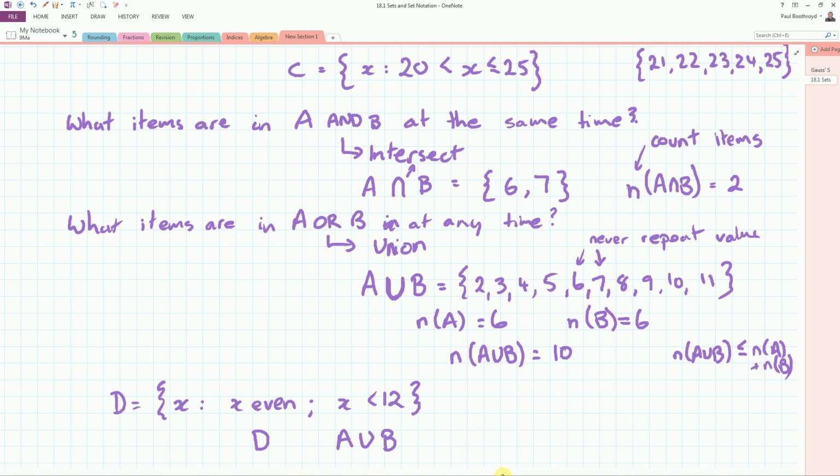A union B is the numbers 2, 3, 4, 5, 6, 7, 8, 9, 10, 11. Now, is the size of D bigger or smaller than A union B?